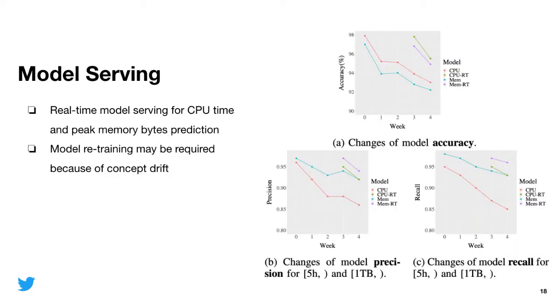And then after the training and evaluation, we'll do the model serving, which will serve the CPU model and memory model in real time for CPU time and peak memory bytes prediction. At the same time, we also observed a model decay issue in the online environment because of concept drift.